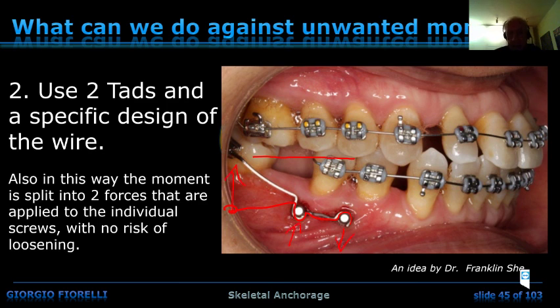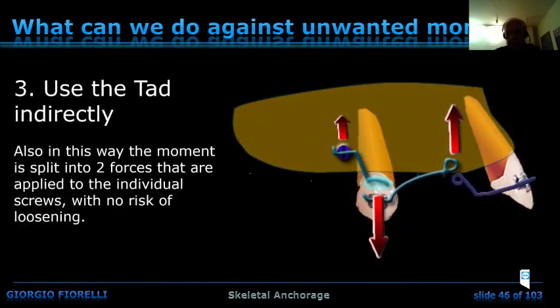And even if you don't have a bracket where to engage the wire, this system is stable, is not getting out, and you can apply the force using a cantilever system. Of course, a very good way to do it is to use the TAD indirectly. So you just have the one TAD here, you connect it with another tooth, and then you do whatever you like. Okay?